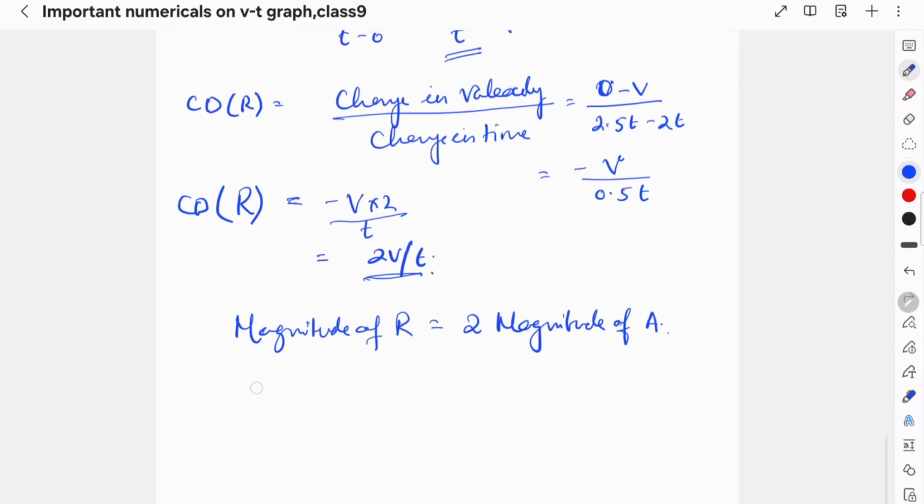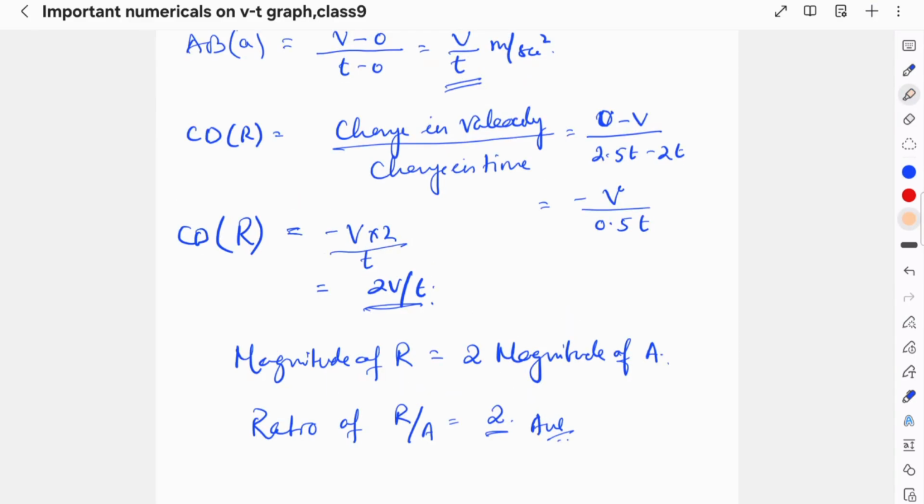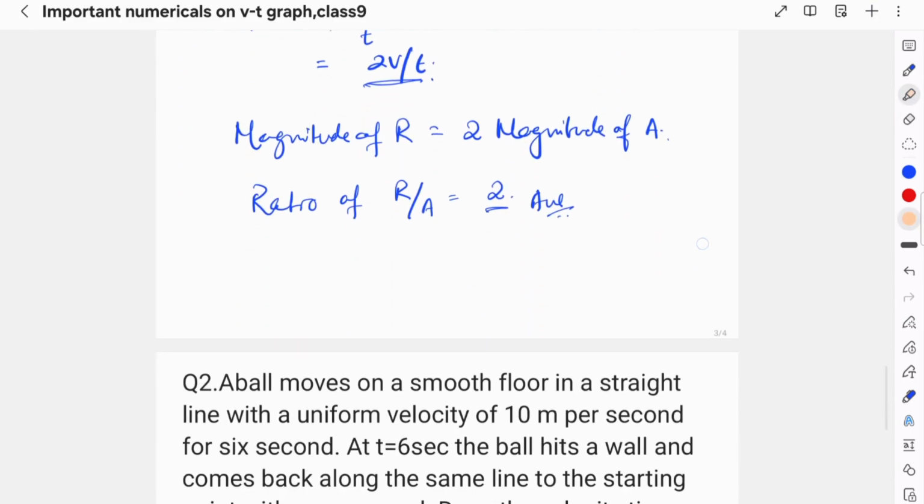So if you take the ratio of retardation by acceleration, we will get 2. So this is your answer. Okay, now let's see the next question.